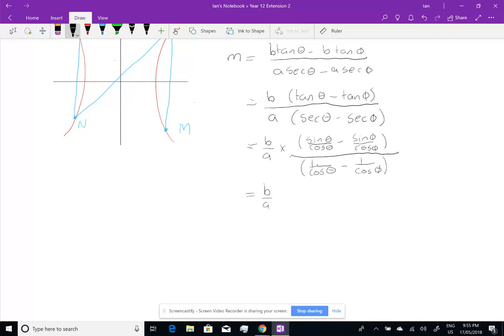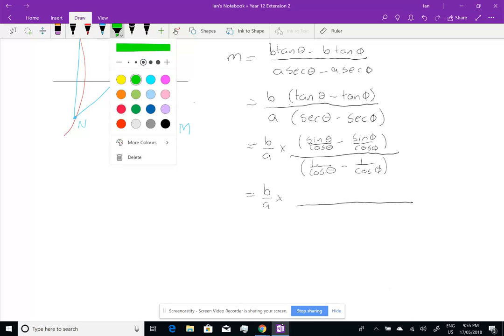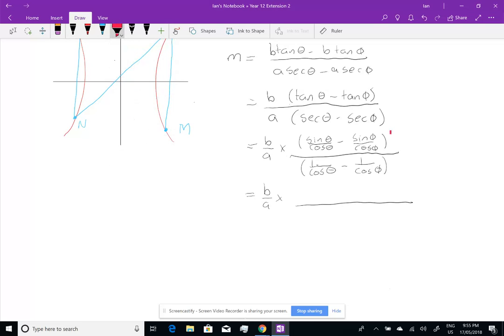So you have b on a. Let's get a common denominator on the top. So we've got this line here, and we're just going to look at this one here. To get a common denominator, I multiply the two denominators, and I've got to multiply through on the top.